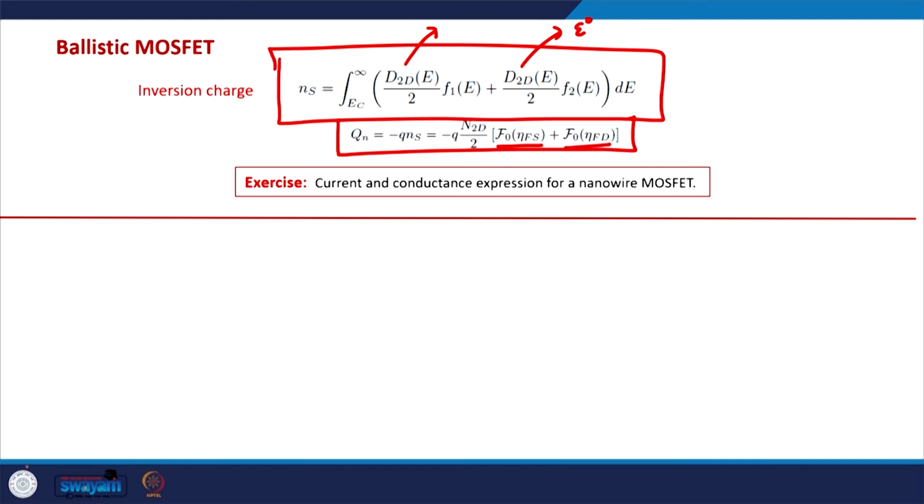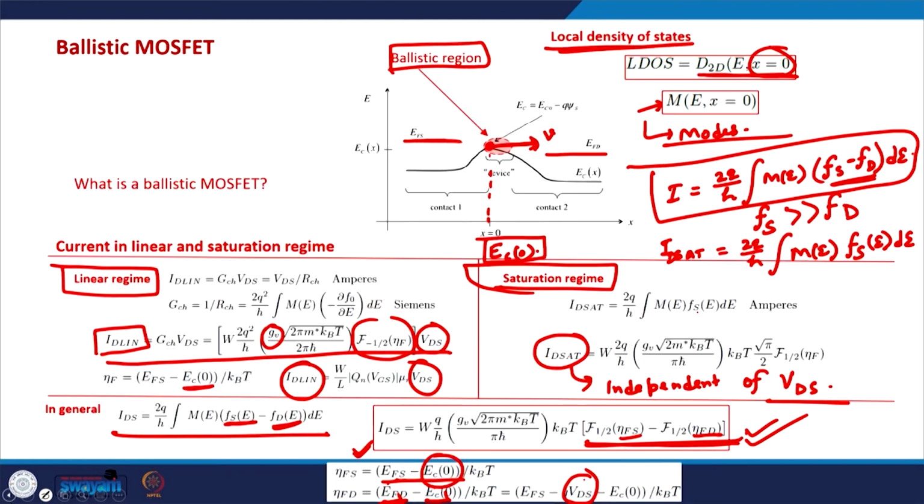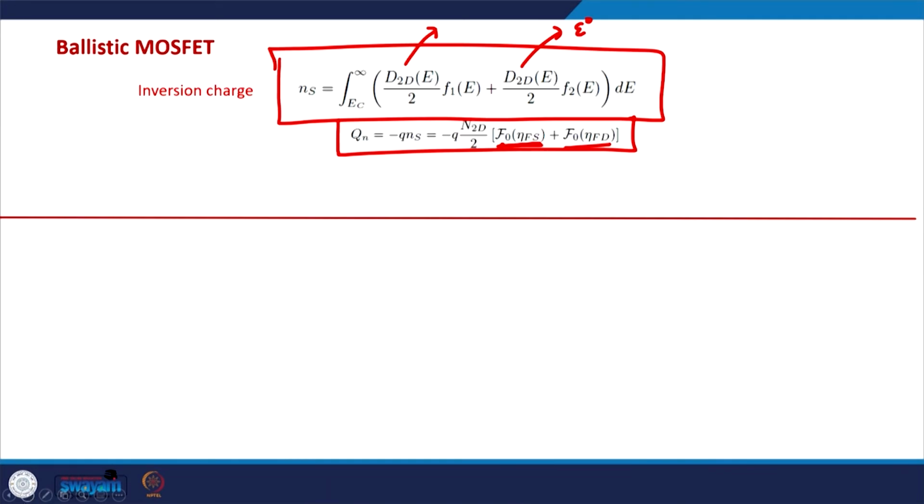Now all these calculations have been done for a 2D channel, and in a 2D channel, what you must have observed by now is that in the charge expression we obtain Fermi-Dirac integrals of order 0. In the current expression in the linear regime we have the Fermi-Dirac integral of order minus half. In the saturation regime we have the Fermi-Dirac integral of order plus half. So these are the various orders of Fermi-Dirac integrals that we encounter in a 2D channel.